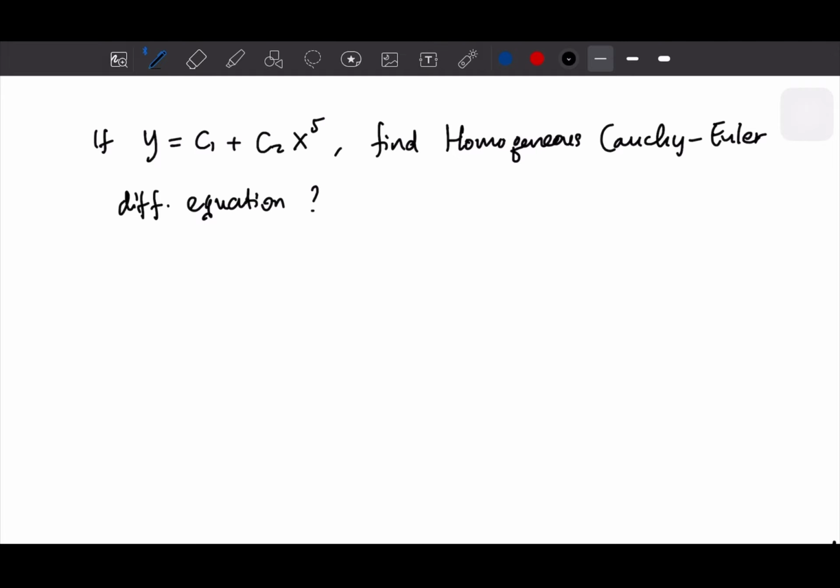I hope from the Cauchy-Euler introduction, you can reverse the process from the solution to the differential equation. Yeah, good.